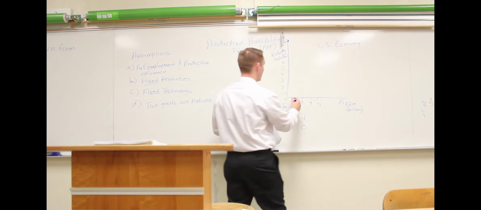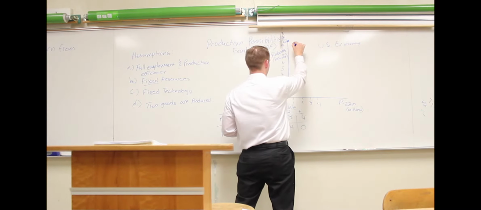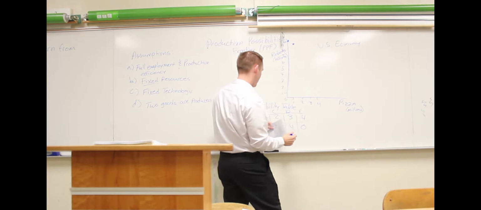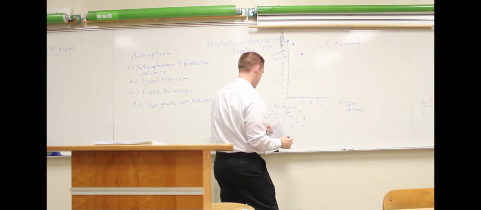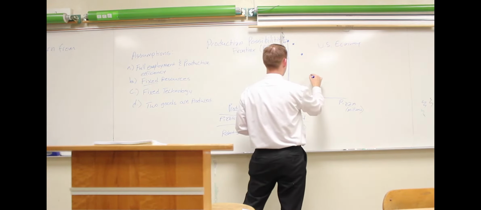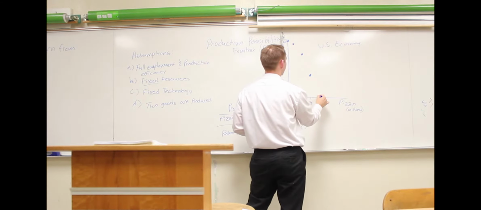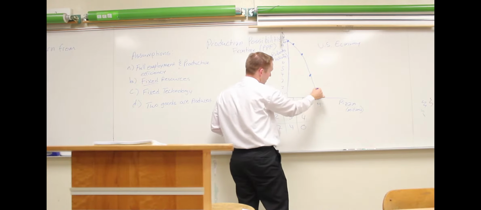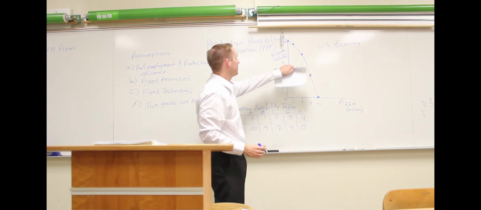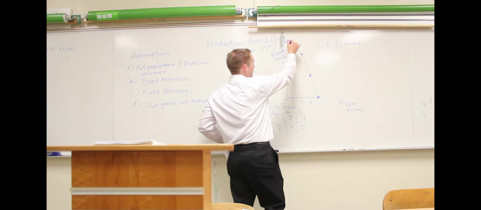Then you have 1 and 9. You have 2 and 7. 3 and 4. And 4 and 0. Okay? So this is the production possibilities frontier, this line here.